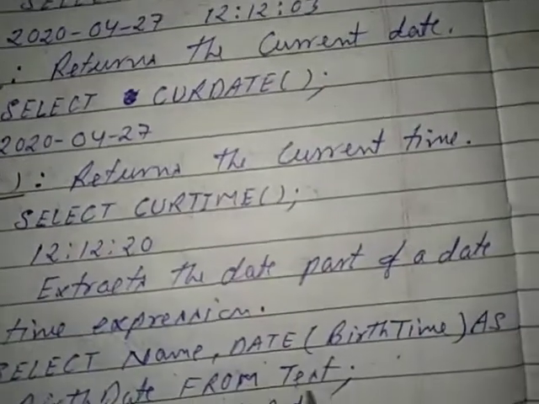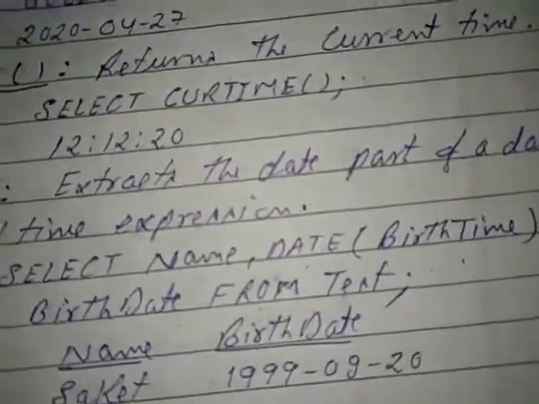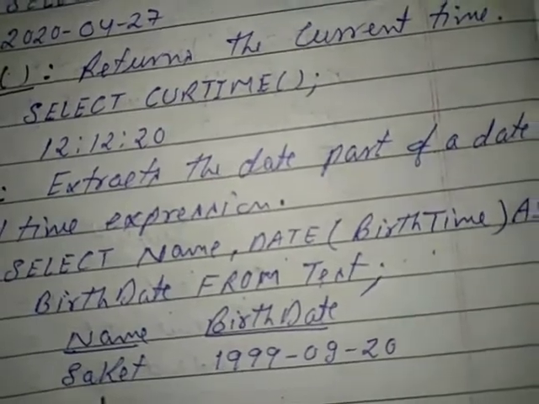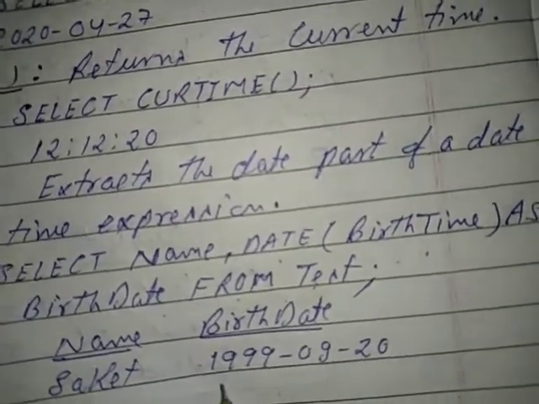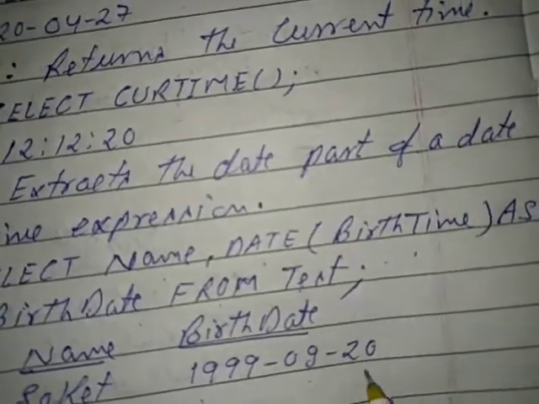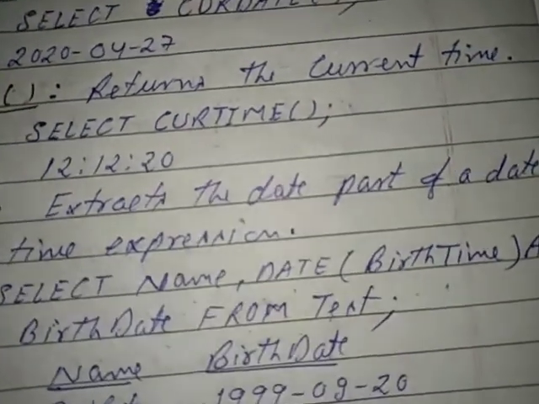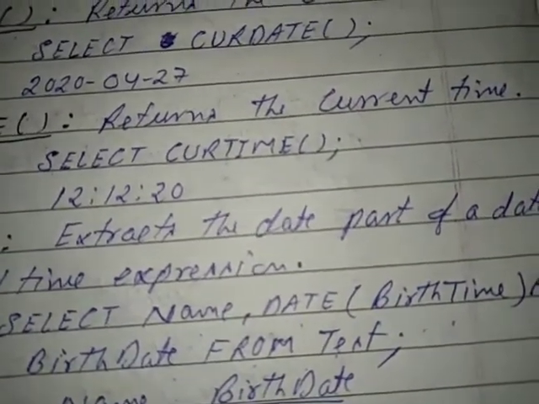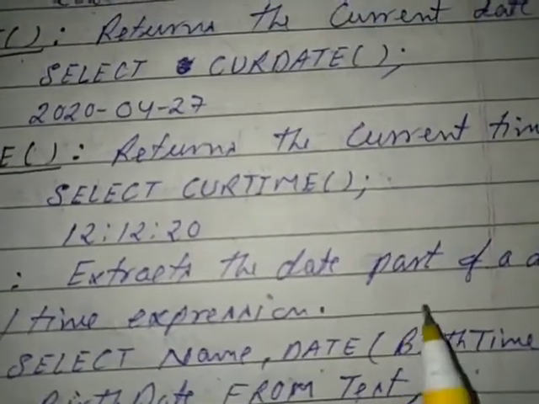Okay, this is the table name. Then the output is name Saket and birth date is year 1999, month 9, date 20. So this date and name are extracted from the database.